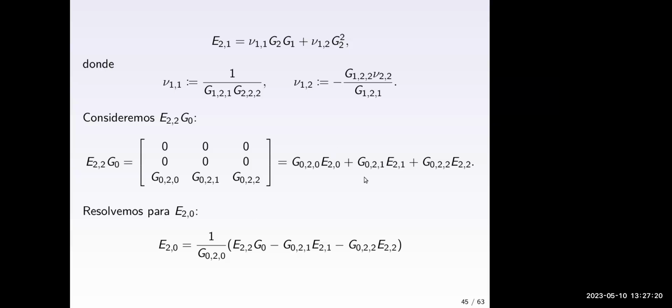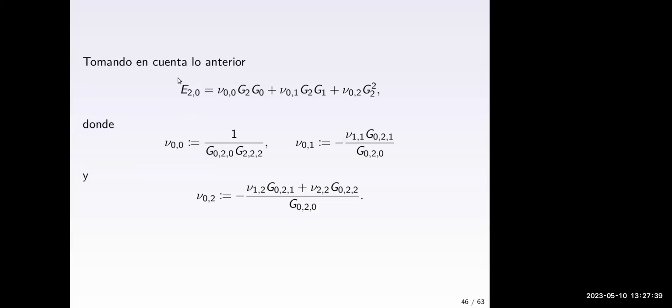We solve this equation for E20, we substitute E22, and we also substitute the value of E21. Now we also have the matrix E20 as a linear combination of products of these matrices.